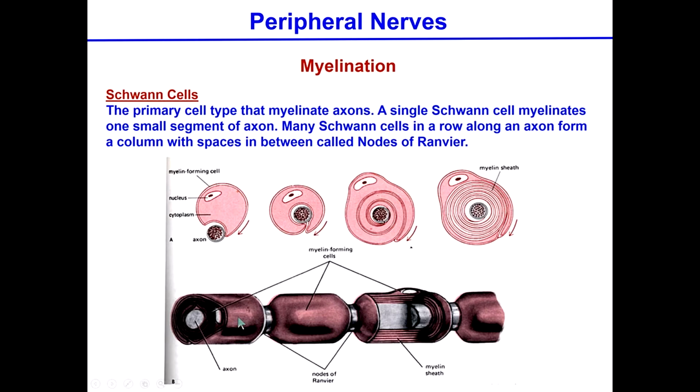Remember that I just said one nerve could go from my hip all the way to my toes, and if you want the transmission of the signals done quickly, and I'm not that tall, but if you are much taller than I am, then the transmission of the signal has to be accomplished as quickly as possible, and it's much more efficient to have this kind of structure in which the signal jumps from here to here to here, and the transmission is, as we said before, 30 times faster than when you don't have this kind of structure.